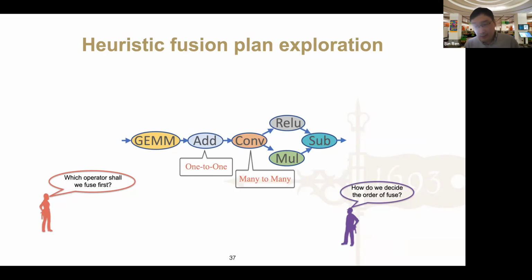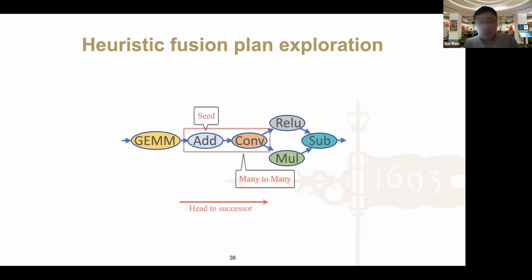So we can always start from one-to-one operators, because this can enable more operator fusion opportunities. So we call the one-to-one operators seed operators, and we always start from these seed operators to perform the operator fusion. And we perform the operator fusion along two directions.